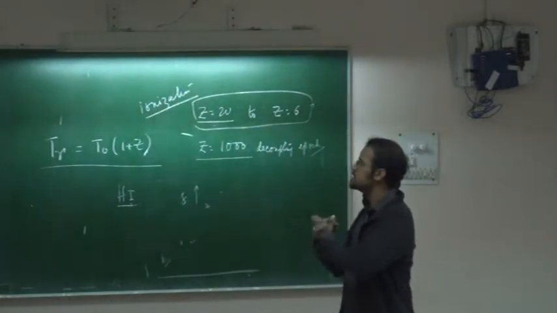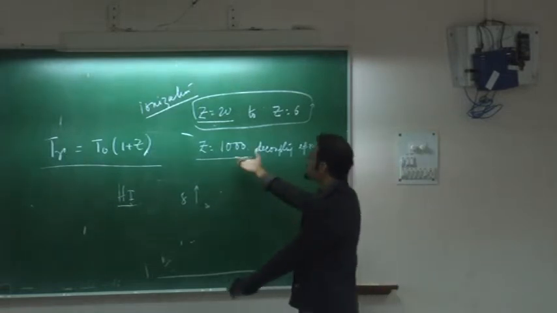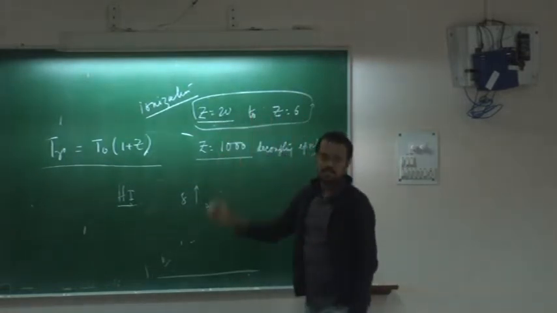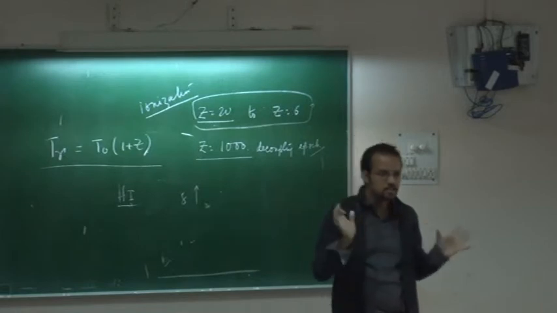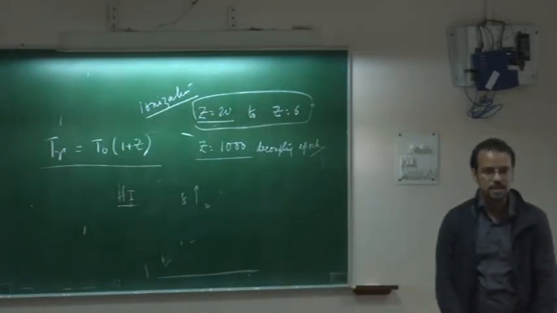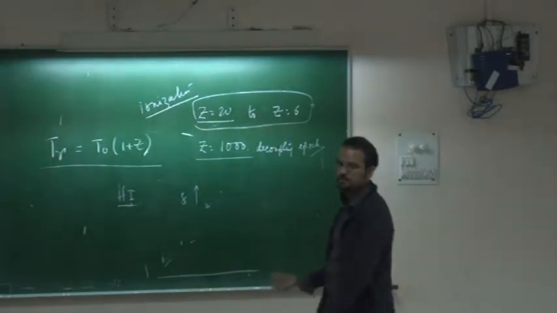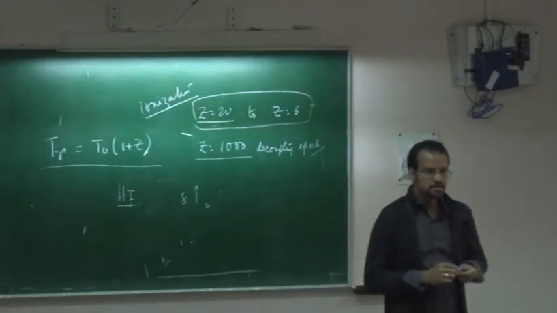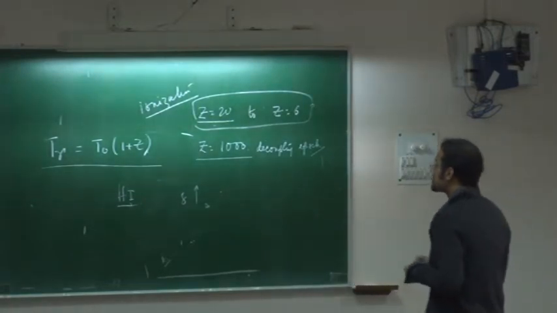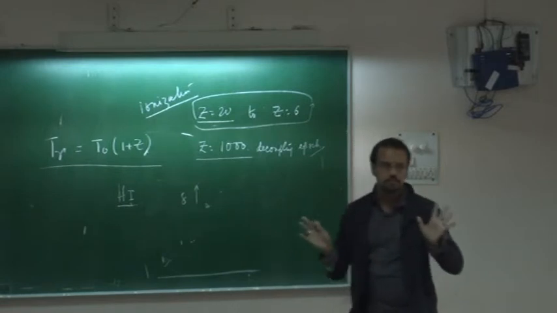So there was this epoch between redshift 1000 and 20 when the universe was largely neutral hydrogen and nothing else. There were traces of helium which formed from nucleosynthesis and some higher metals, but the universe was largely filled with neutral hydrogen.